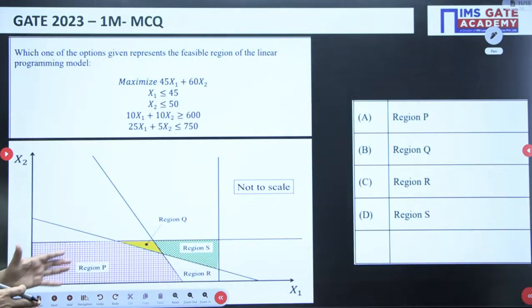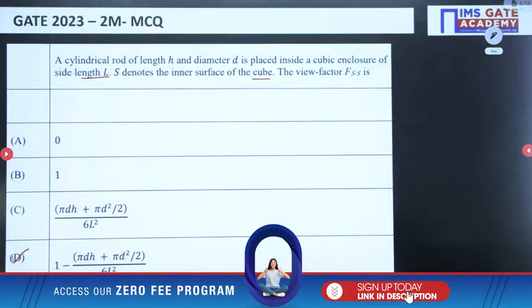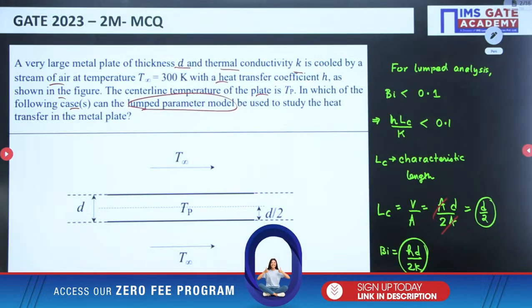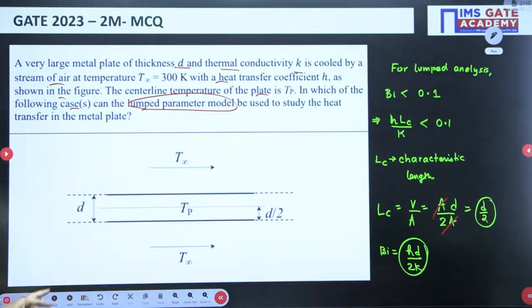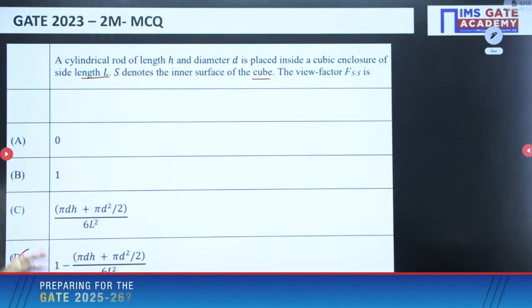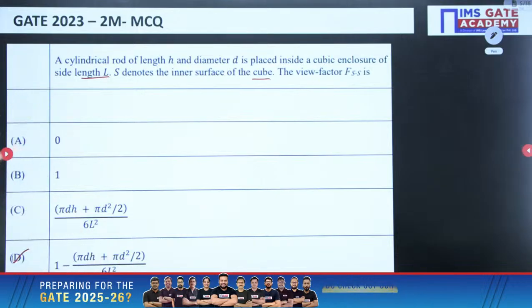So those were the HT questions, and if I review the GATE 2023 questions once, questions have come from lumped analysis, that is conduction. Then the second question came from radiation heat transfer, again an expected important topic.